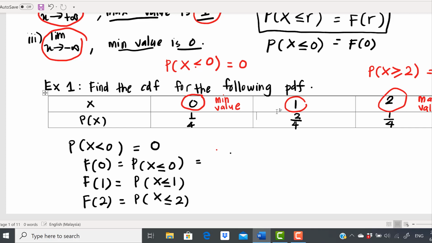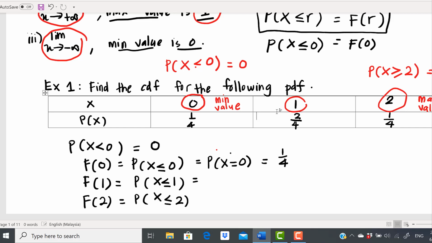What is the formula for getting the probability x less than or equal to 0 from the PDF table? When we have the PDF table and we are looking for the probability, we just look at the PDF table. So x less than or equal to 0 means the probability when x equal to 0, which is 1 over 4.